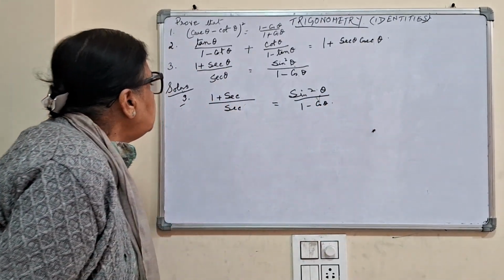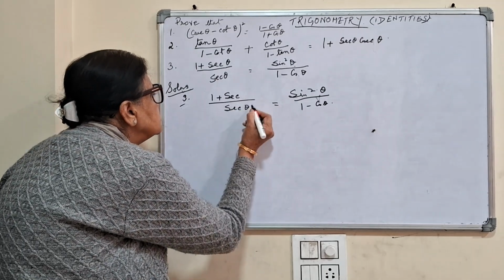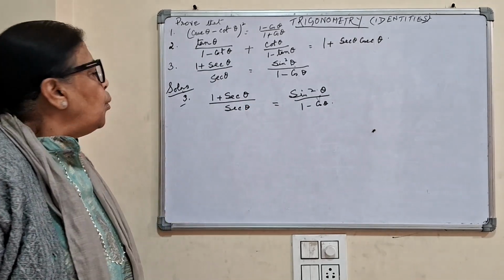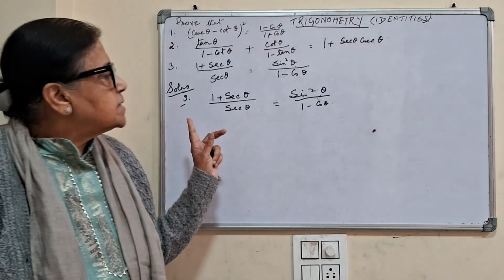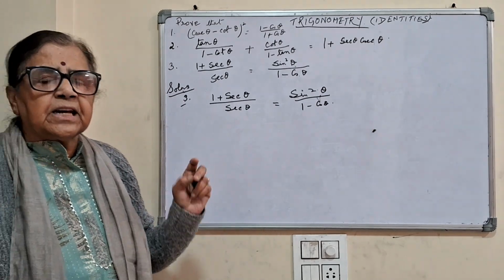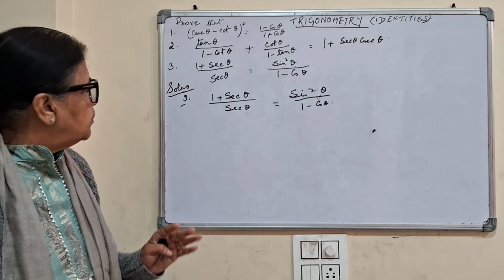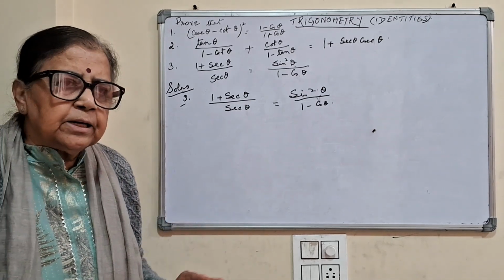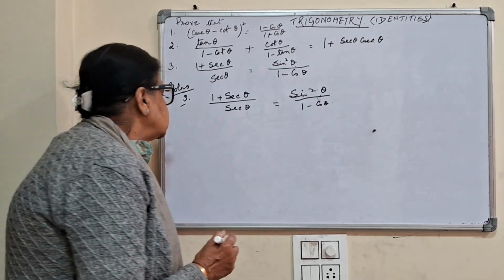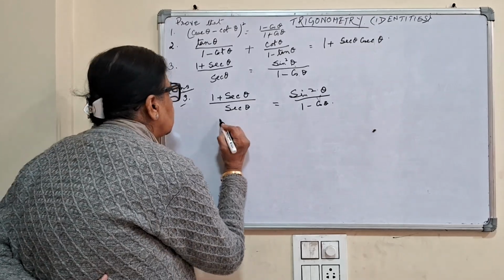Okay. Now left hand side. What do I do? See, sine cos, the easiest conversion is to convert into sine cos.